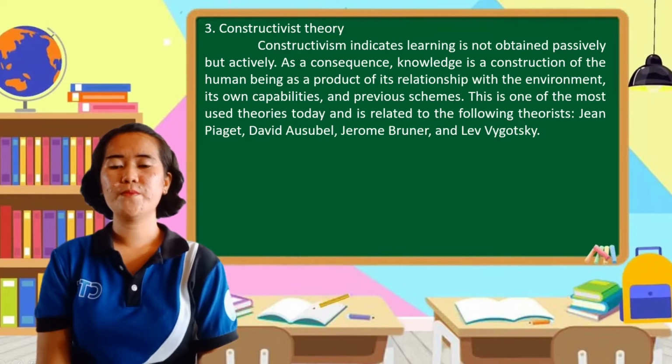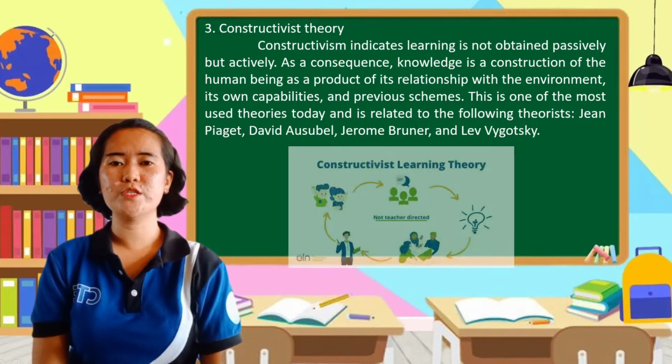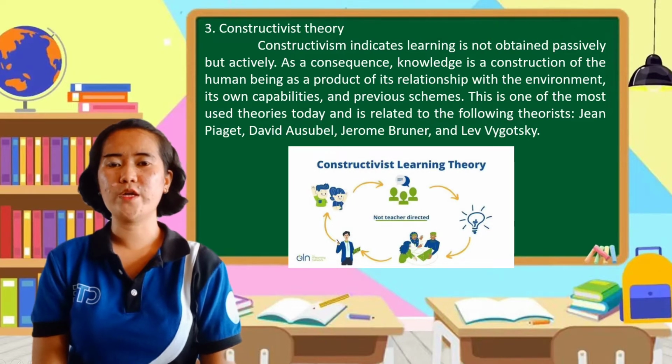This is one of the most used theories today and is related to the following theorists: Jean Piaget, David Ausubel, Jerome Bruner, and Lev Vygotsky. An example: a group of 2 or more students work together and teach one another, and students create their own questions and seek to solve them through research and observations.